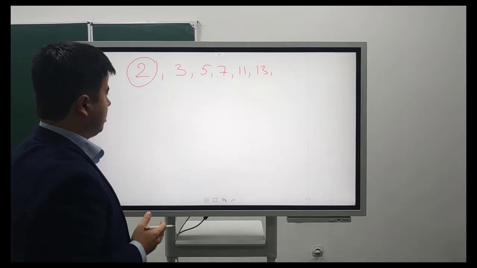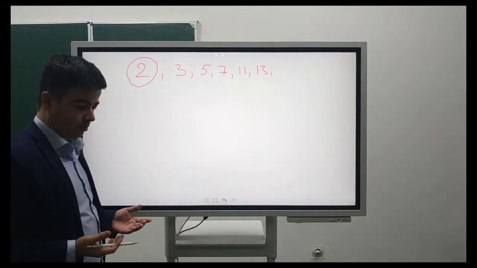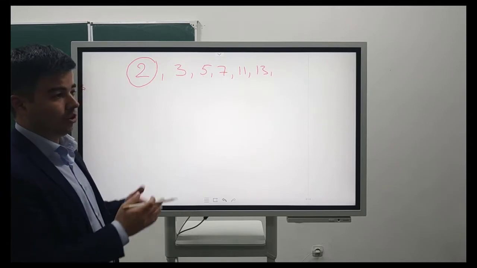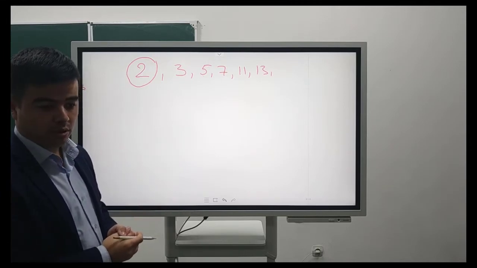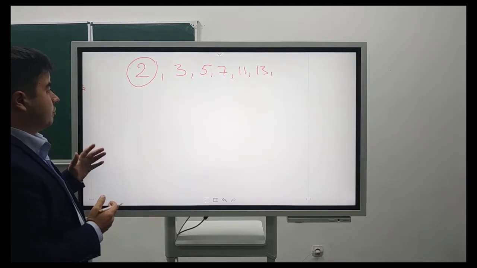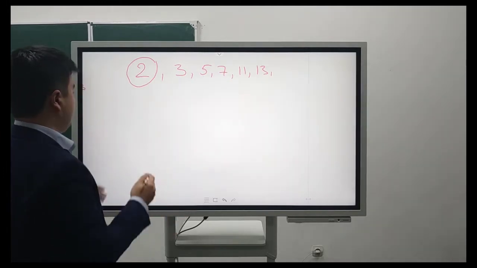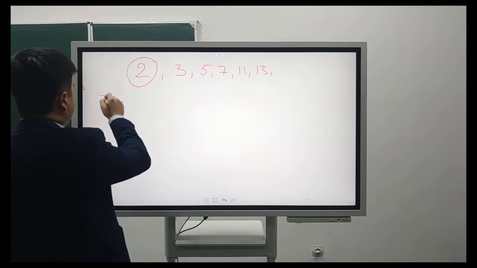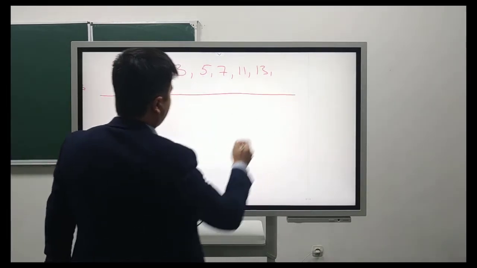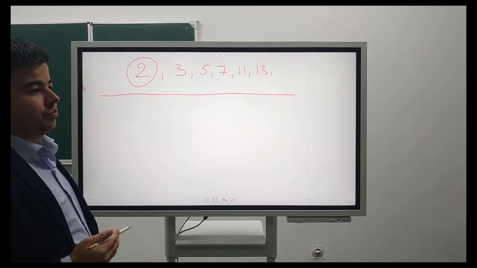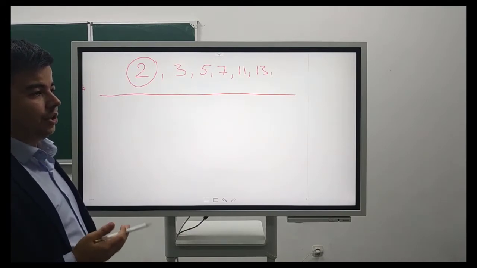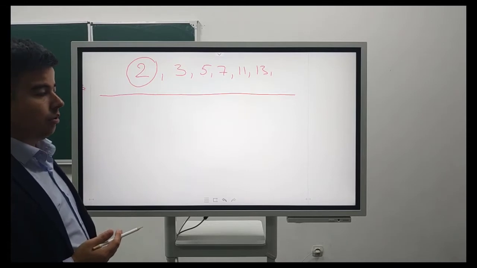And now, why do we need the prime numbers? To write the prime factorization of a number. So, to find prime factorization, we need to recall the rules of division of numbers.